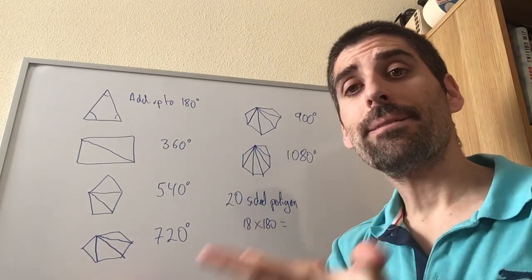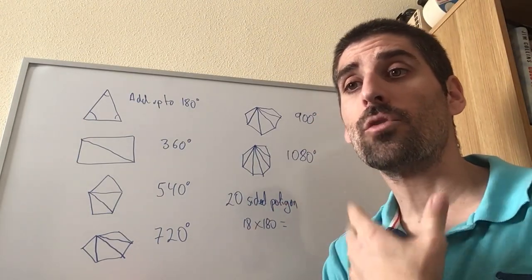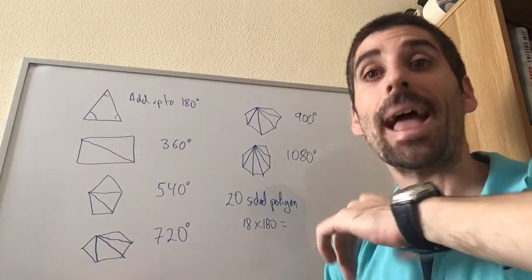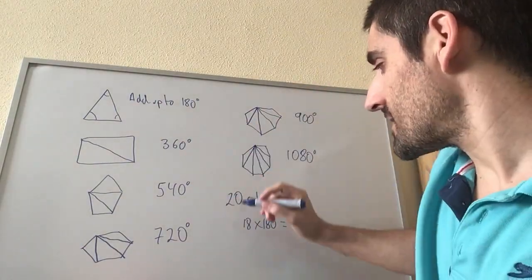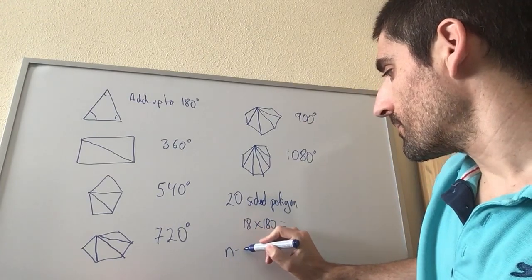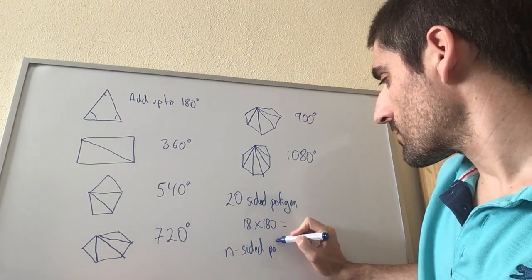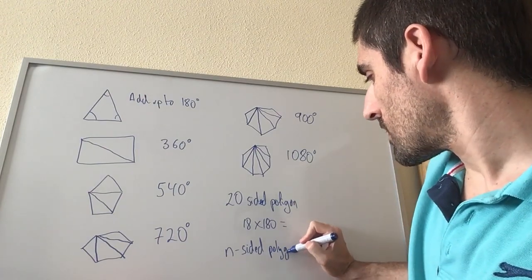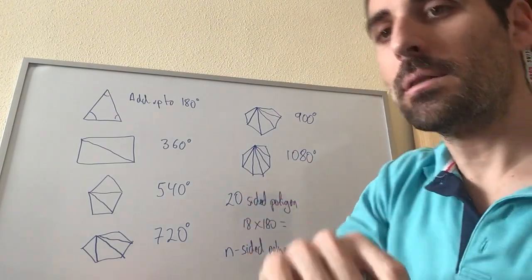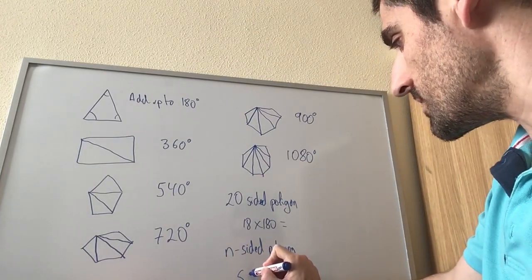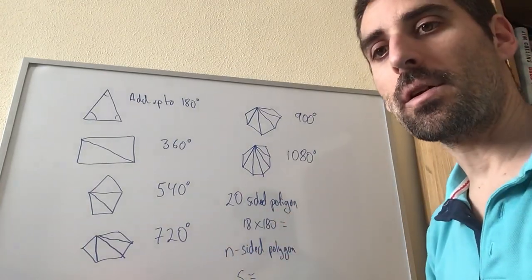So can we find a formula that is going to work for any polygon, whether it's got 40 sides, 100 sides, n sides? For an n-sided polygon, we've got that S, which is the sum of the interior angles.